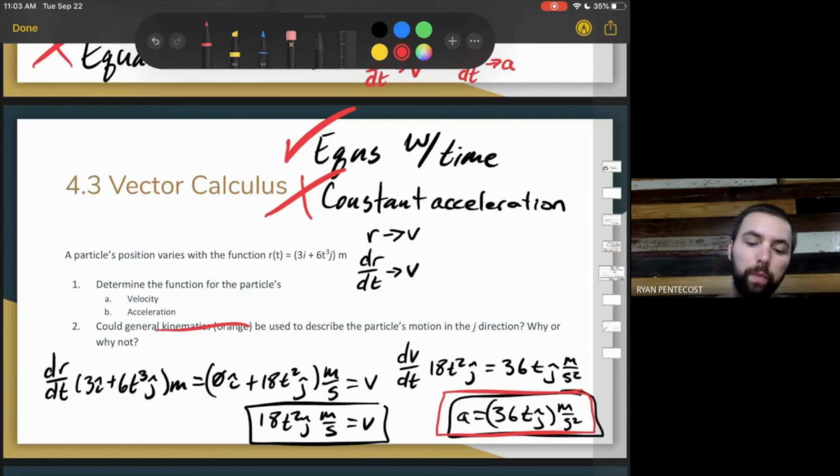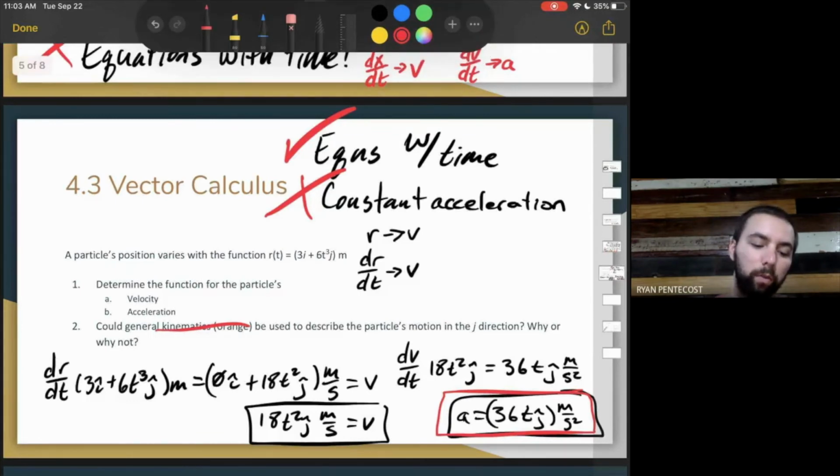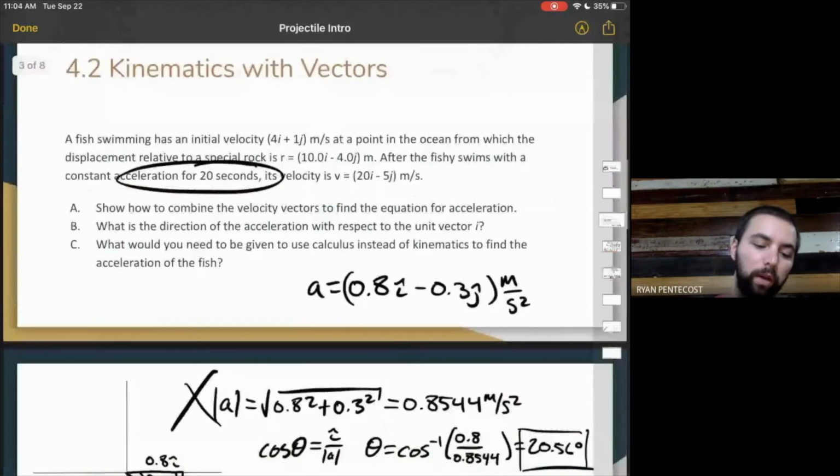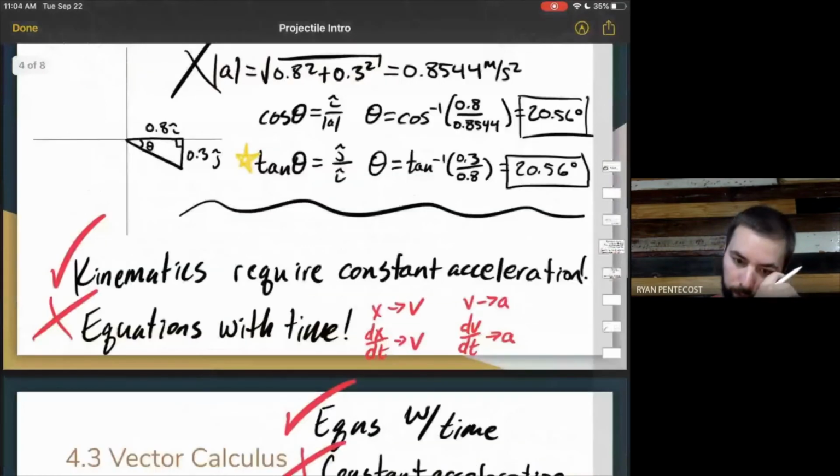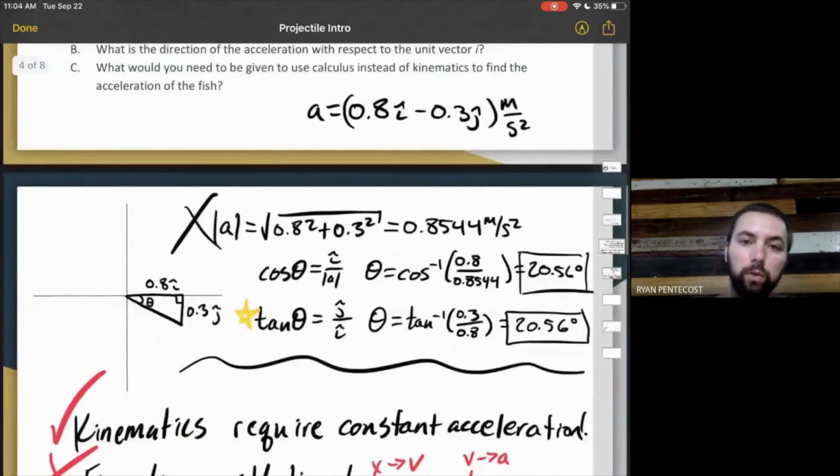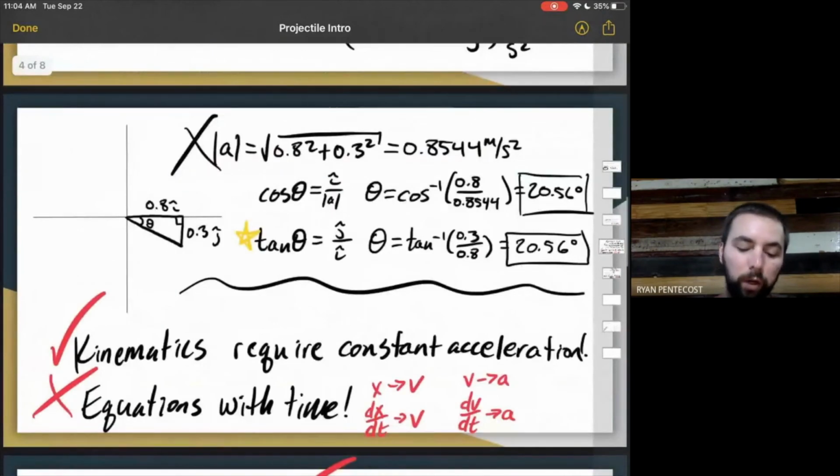So as you can see for 4.2, with kinematics with vectors, we were not able to use orange equations, but we were able to draw them and do some trig, right? We didn't have equations with time, so we couldn't use the orange equations.